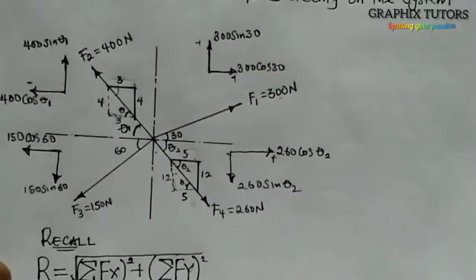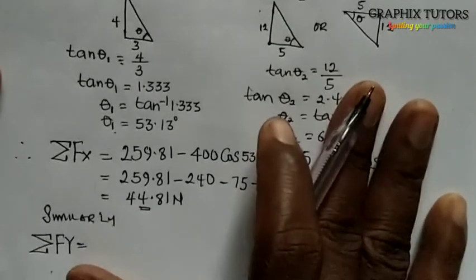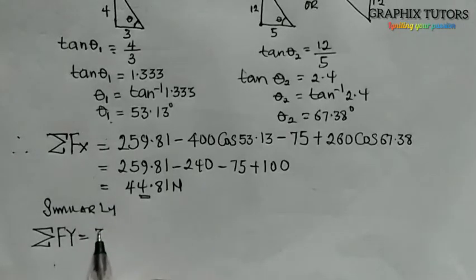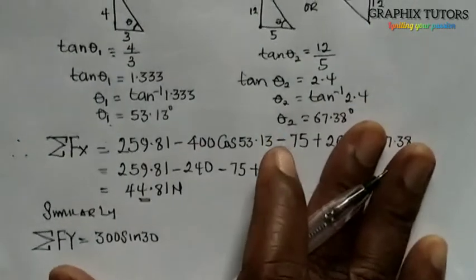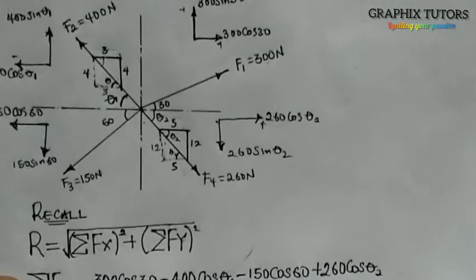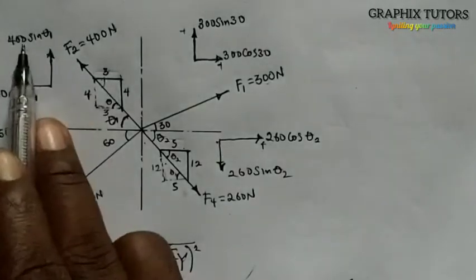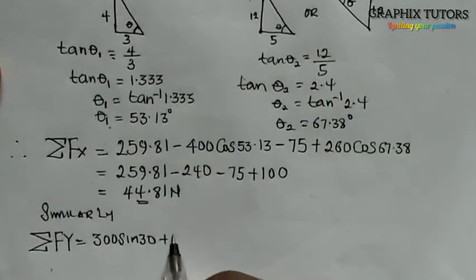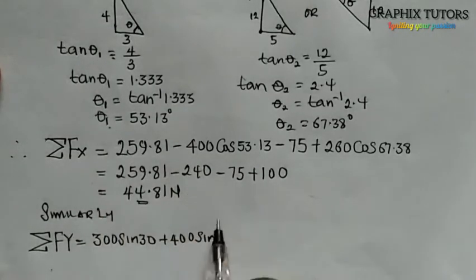So we have 300 sine 30. Also, this one is facing up, plus 400 sine theta 1. So what is theta 1? 53.13.